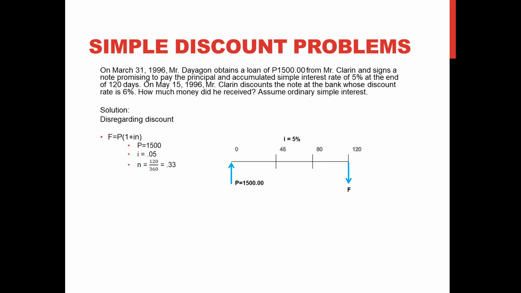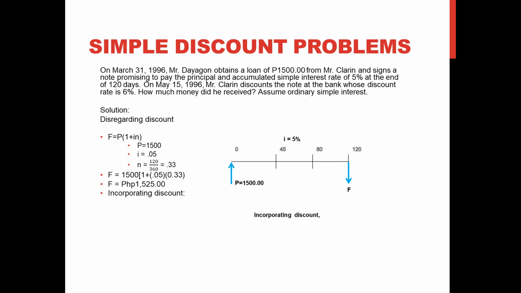Okay, and then we ratio n 120 over 360. So we can derive the future worth equivalent to 1,525. So ito yung dapat bayaran ni Mr. Diagon from Mr. Clarin after 120 days.